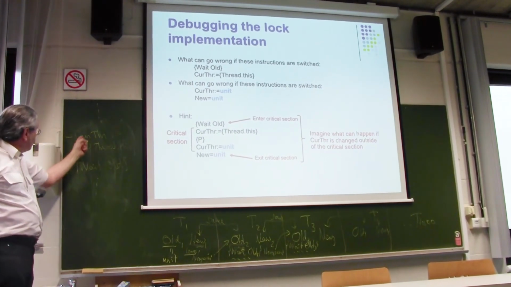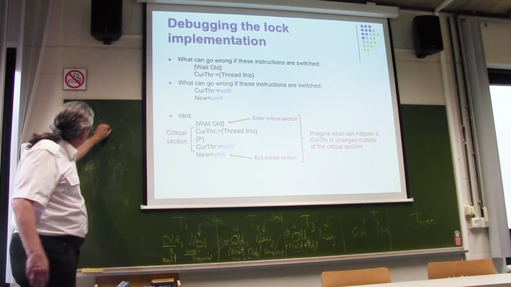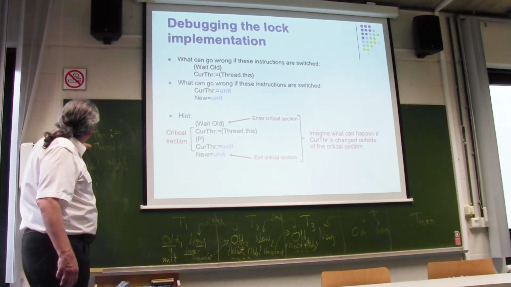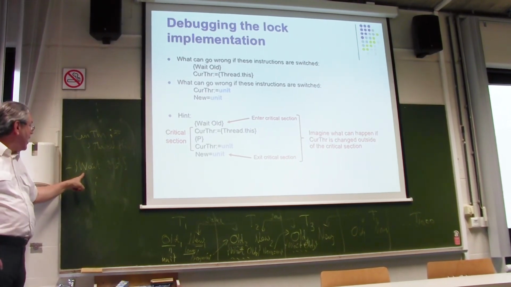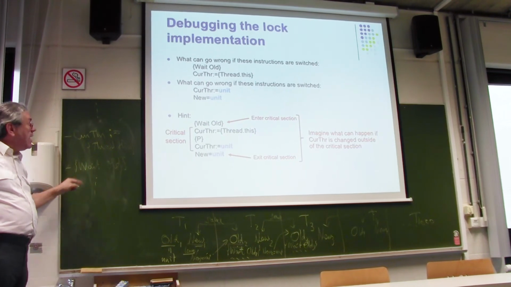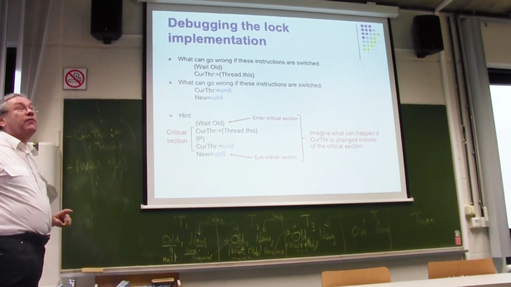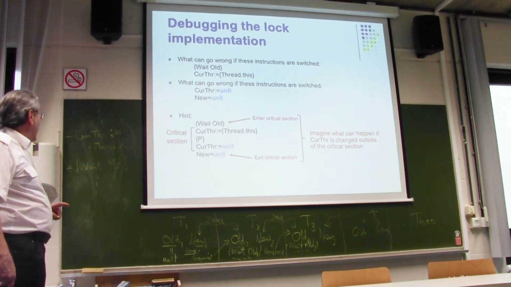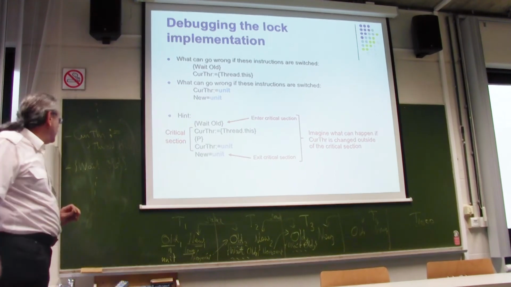So you have to imagine what this means, okay? This means I'm assigning the current thread before I wait, right? It means maybe there's already another thread inside the critical section, and I have to wait. Maybe I cannot go in yet. Maybe there's already another thread in there.